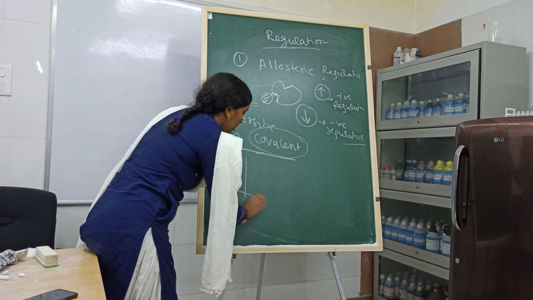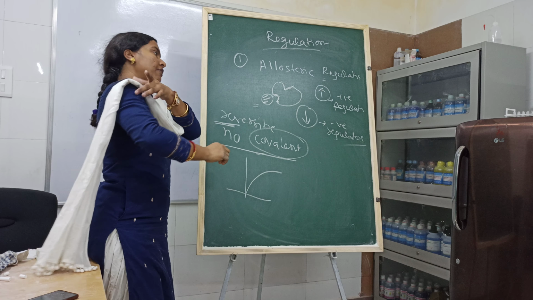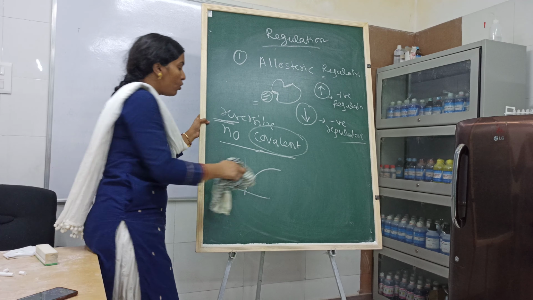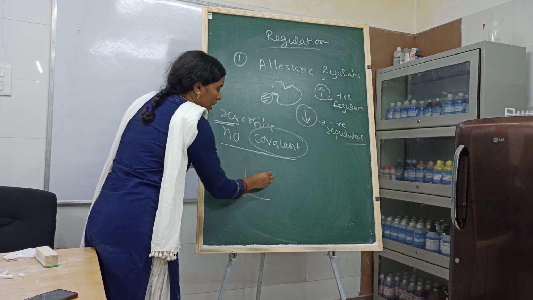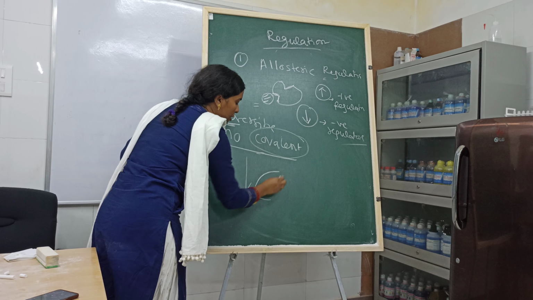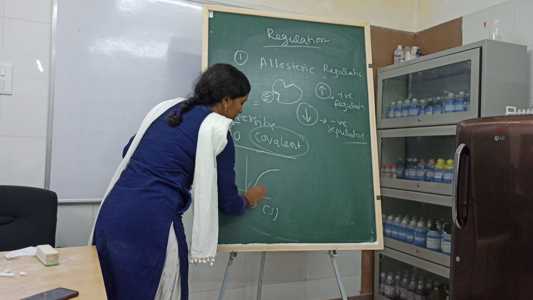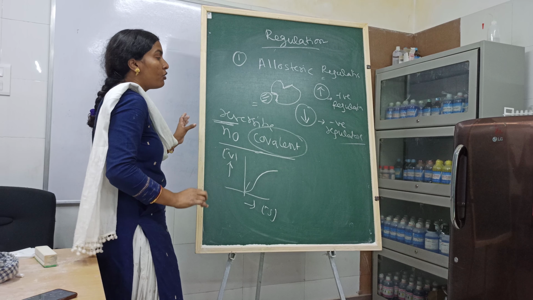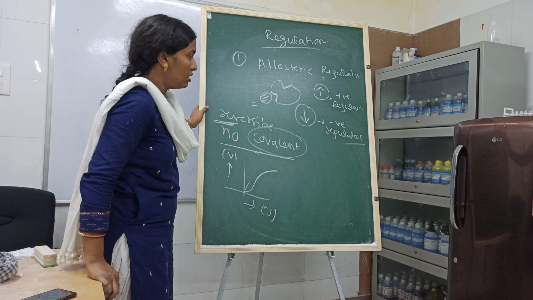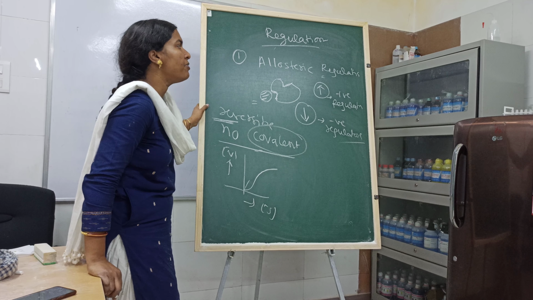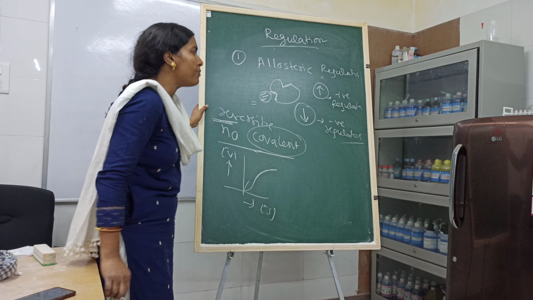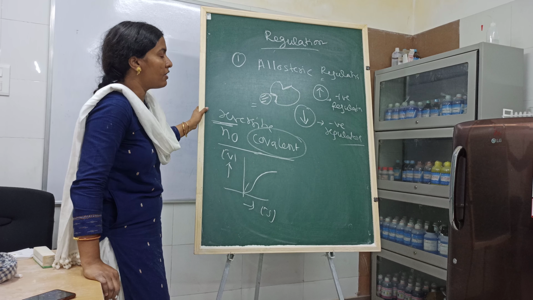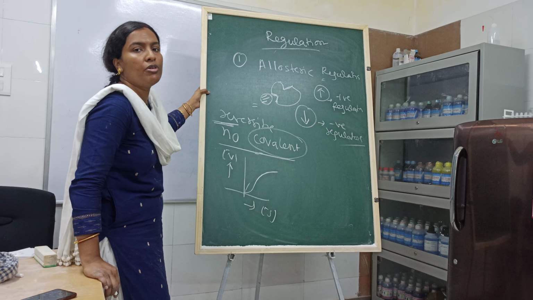The hyperbolic curve is not seen in this type of enzyme. Their kinetics show an S-shaped sigmoid curve. And usually these enzymes are multi-subunit, so there is a quaternary structure in the enzyme.